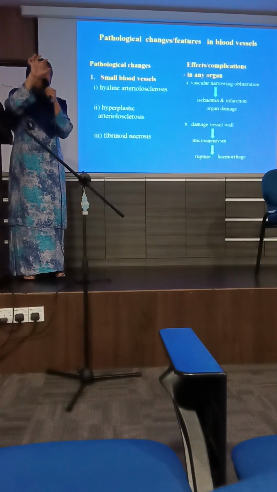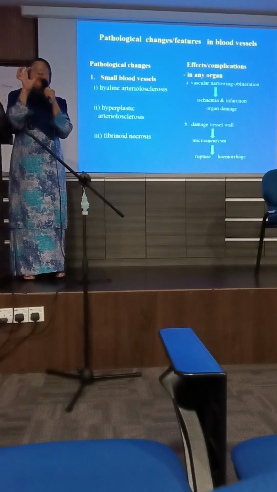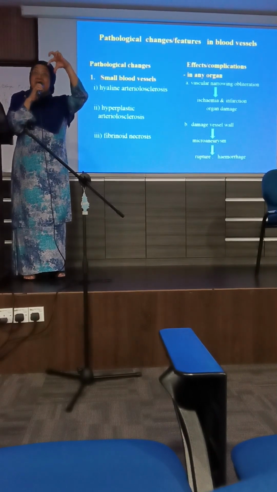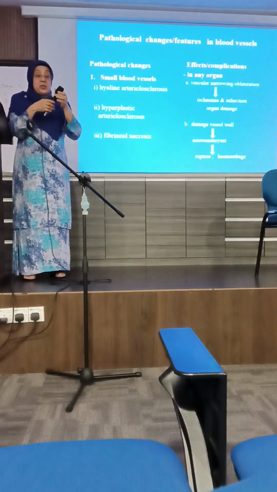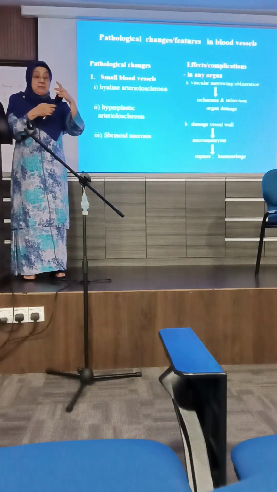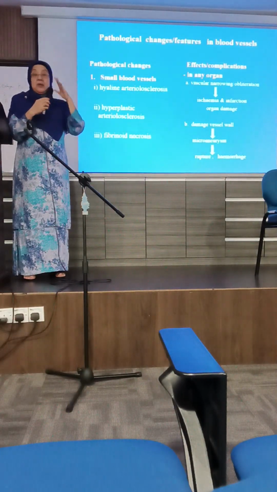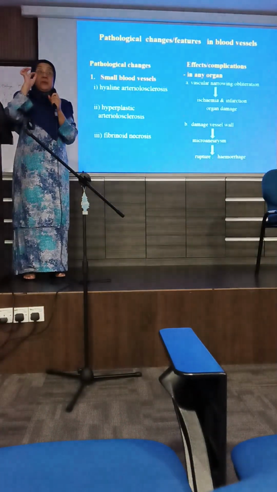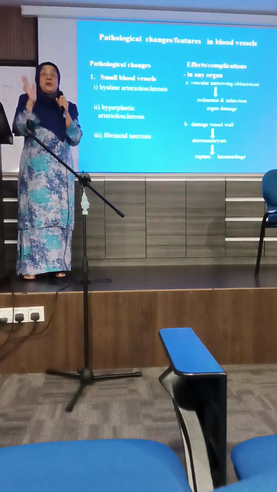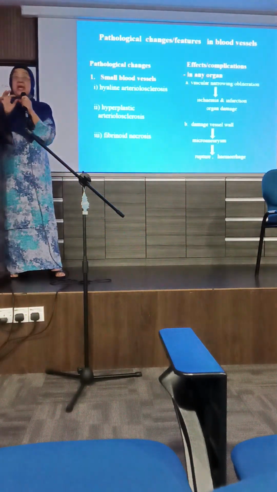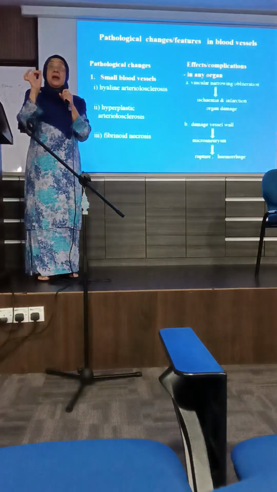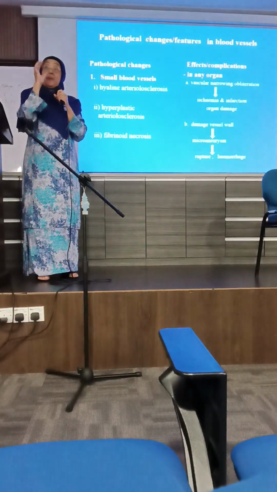When the wall of the vessel is weakened, it can lead to formation of aneurysm. It can dilate. Aneurysm means dilatation of the vessel. Aneurysm, microaneurysm. And this microaneurysm, because the wall is very weak, it can rupture.